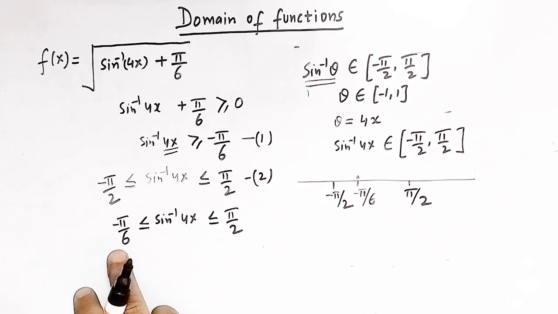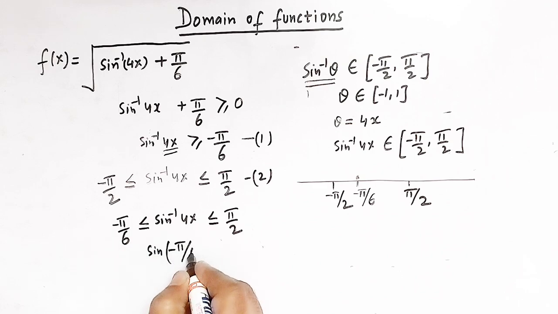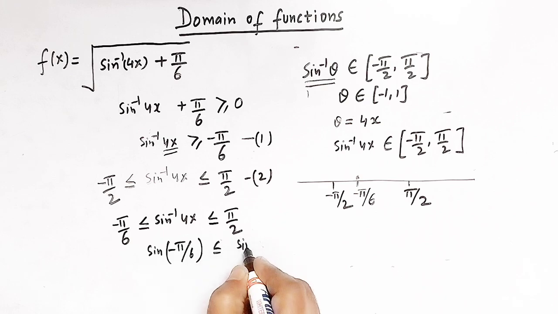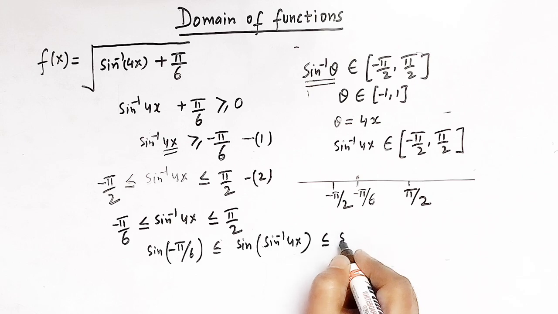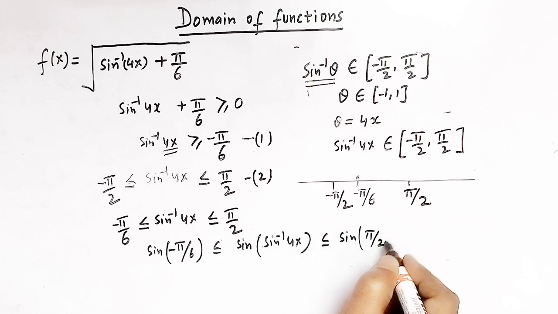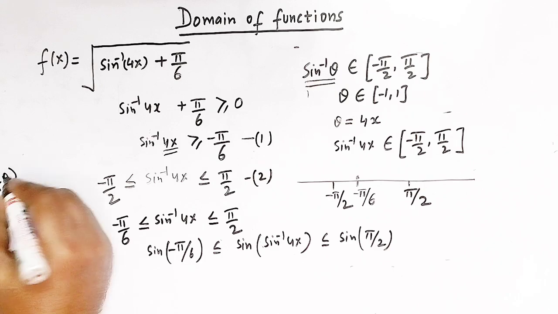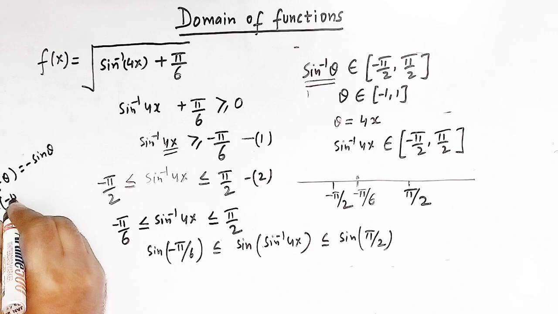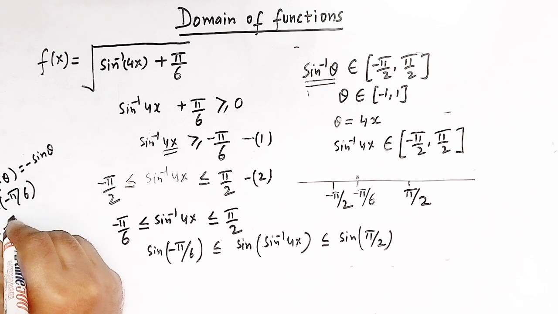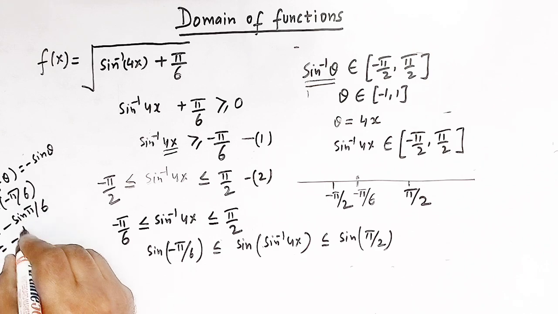So now let us take the sine of each of these three terms. So we have sine of minus pi by 6, and then sine of sine inverse 4x, and then sine pi by 2. Now sine of minus theta is equal to minus sine theta. So sine of minus pi by 6 is equal to minus sine pi by 6, and sine 30 degrees is half.